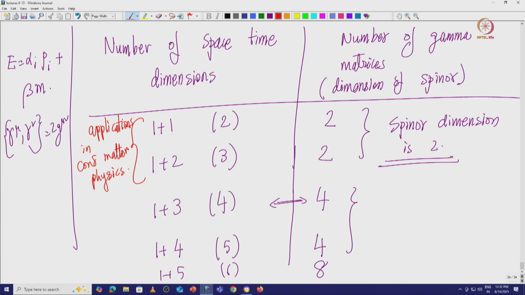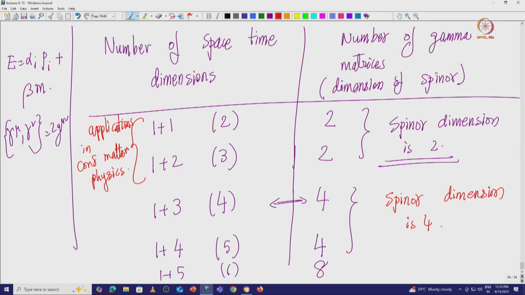Okay. Now, again, next go to 4 dimensions. We have seen the alphas are alpha 1, alpha 2, alpha 3 and beta, and we need 4 linearly independent matrices, so the spinor index dimension is 4.